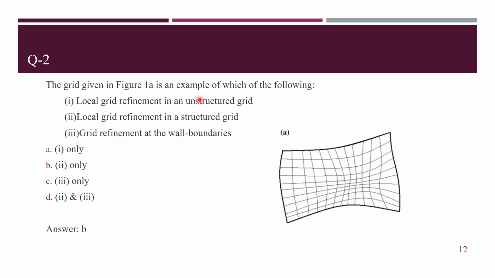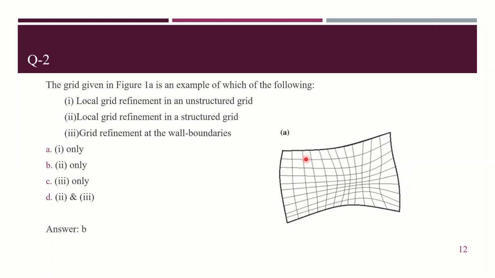Whereas option 1 mentioned local grid refinement in an unstructured grid, so the first statement is false and the second statement is true. Third one mentions grid refinement at the wall boundaries. So are we seeing any refinement at the boundaries?